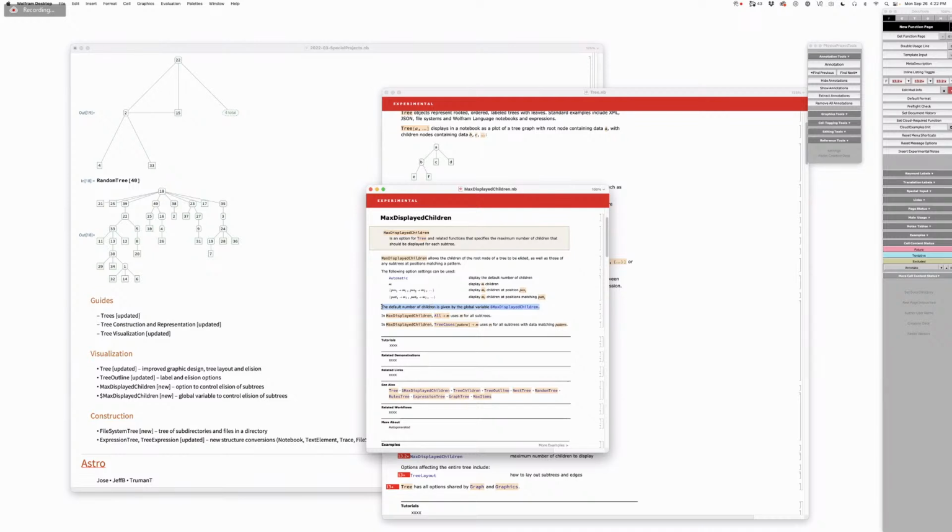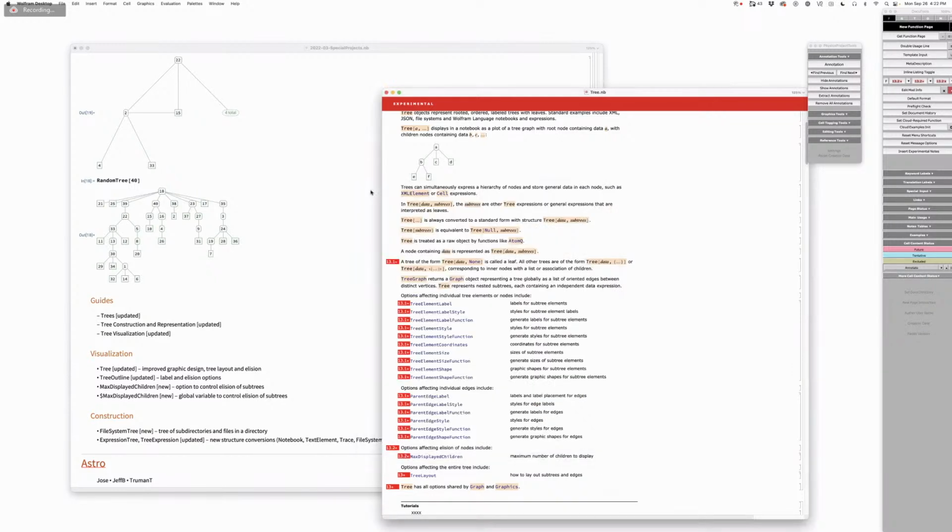I understand that, but the default is automatic. So the default for every node is automatic. So if I set $max displayed children, that will seep through every node by default. Right. So you need to make that clear. Okay. Yep. Otherwise, this looks good.